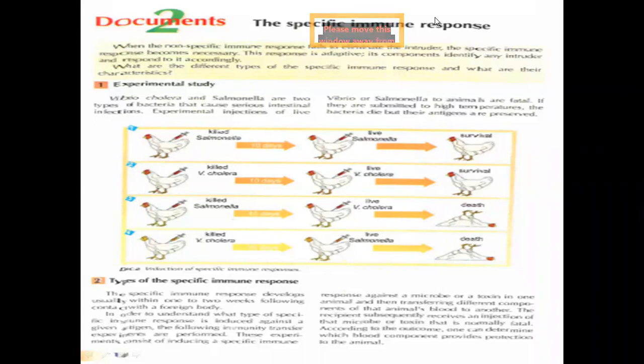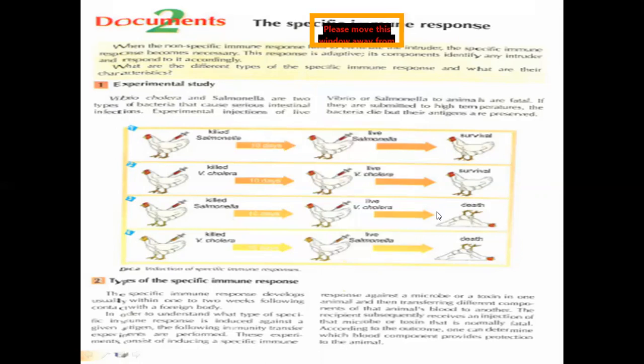B lymphocytes. Why? Why is it B lymphocyte? Because in the serum we have antibodies, and antibodies are secreted by B lymphocytes. That's why they are the ones that protect.